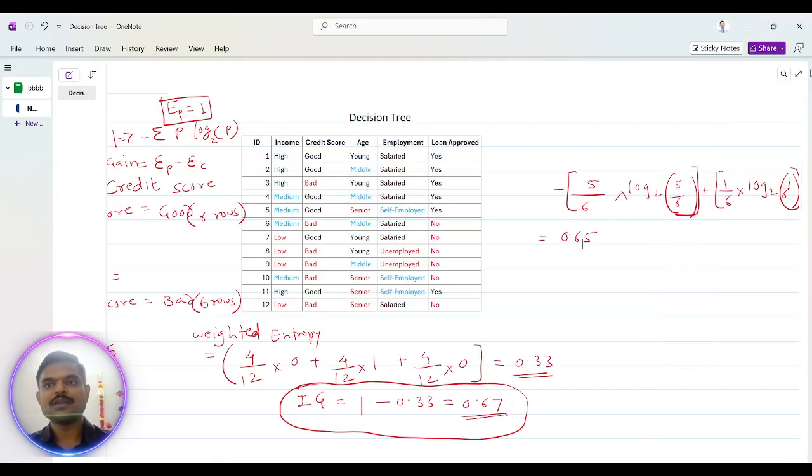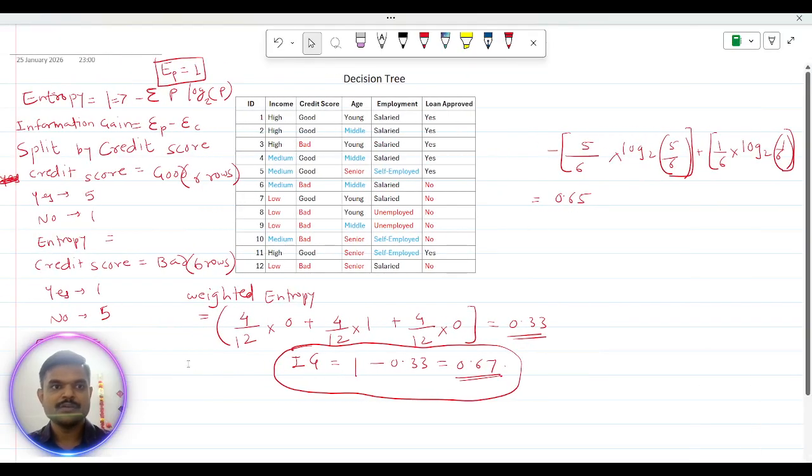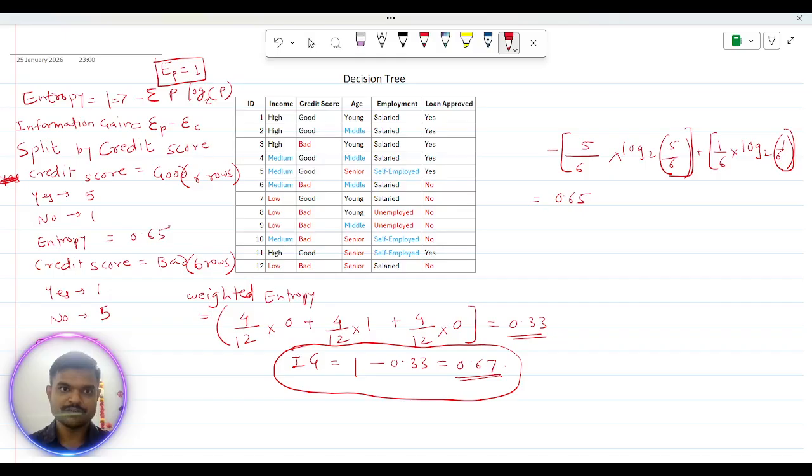The same we will calculate for the bad credit score. First of all, I will write down here 0.65, the entropy for good.